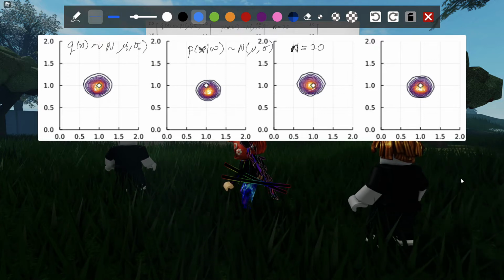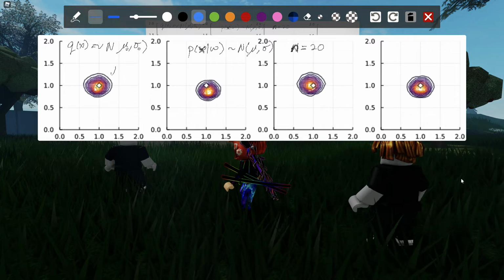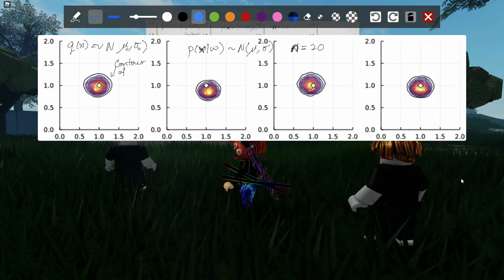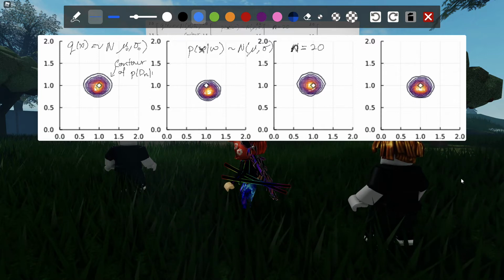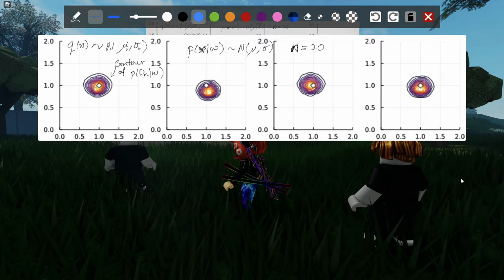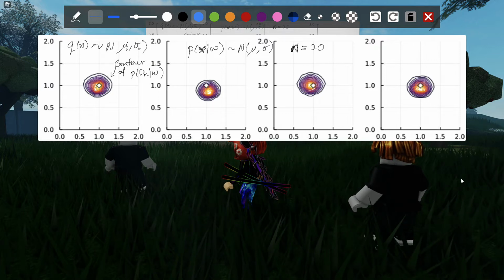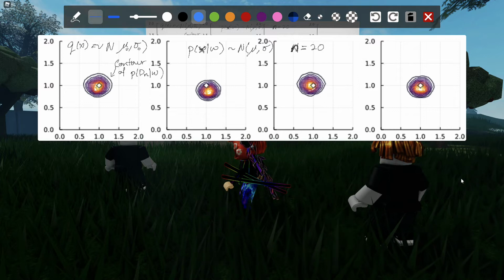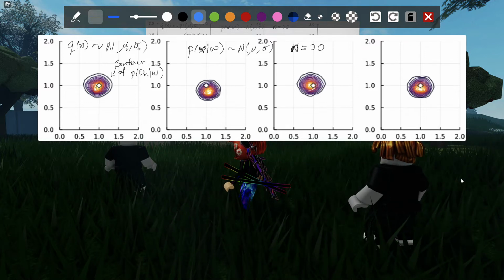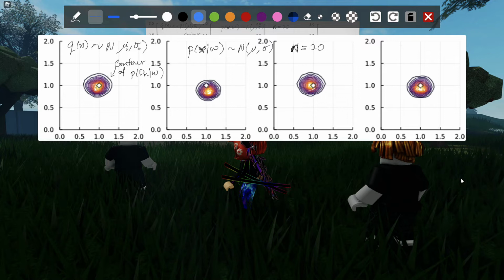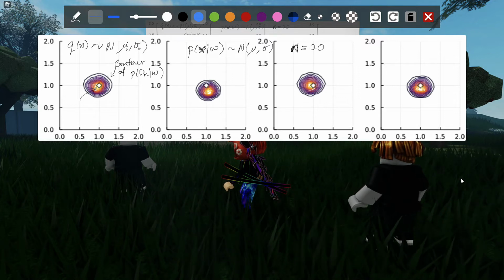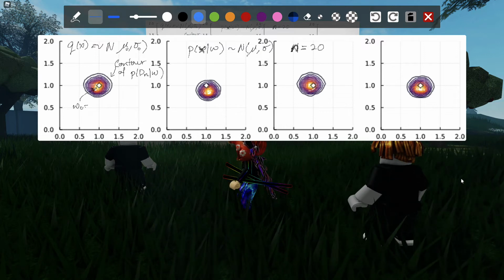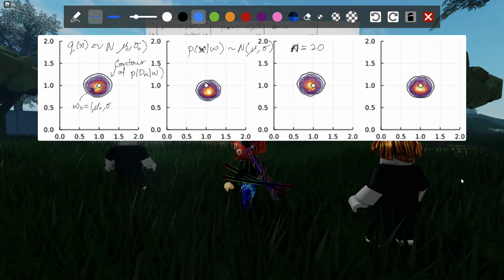What you see plotted here is the contour of the likelihood function. If you mentally flip the meaning of the darker and lighter parts, this is somewhat like the contour of the log loss function, but this is the likelihood. And the diamond you see is the true parameter, W naught, which is equal to mu naught and sigma naught in our case.